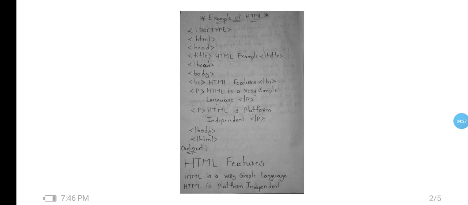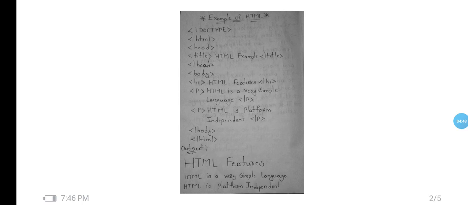That is, when we start the HTML tag, we simply write the less than symbol, html, and the closing tag. That is how we know that the HTML program is completed.